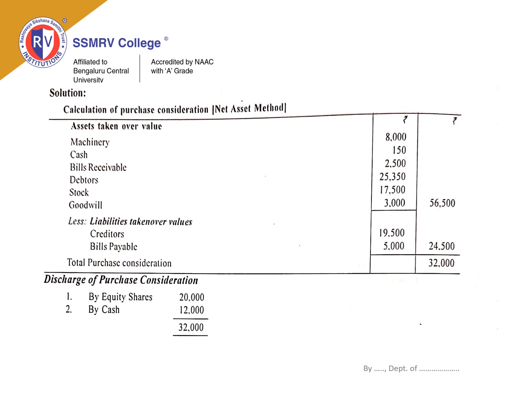So as per the problem, 20,000 of the purchase price is to be paid in the form of equity shares, and the balance is to be paid in cash. So out of 32,000, 20,000 is paid in the form of equity shares. That means the balance amount of 12,000 should be paid in the form of cash.